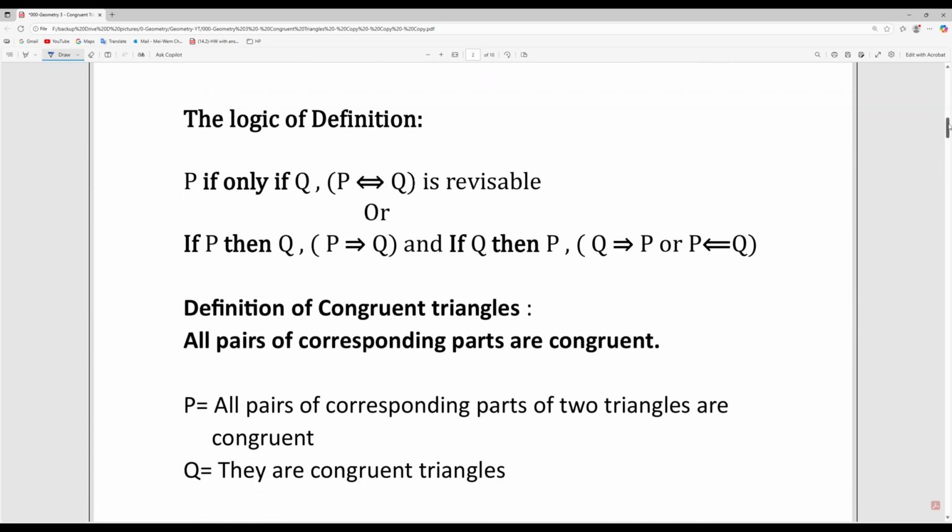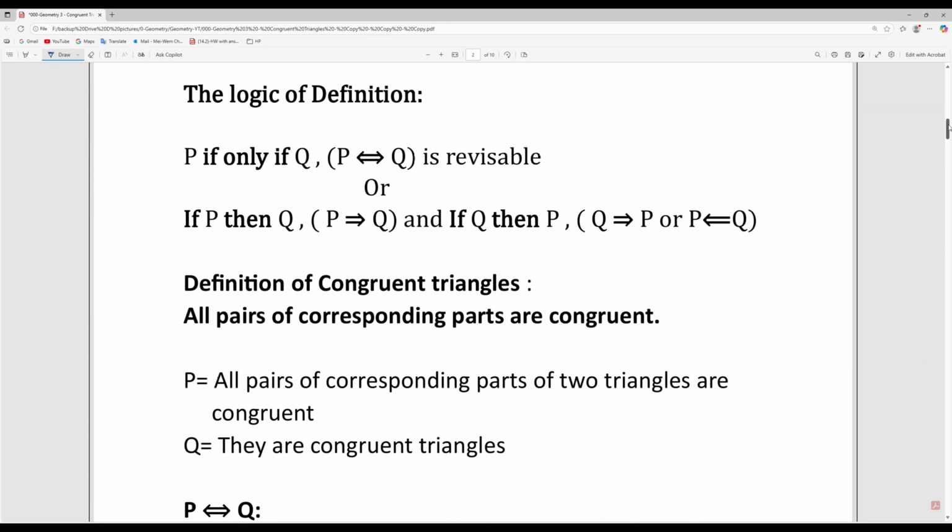Next, I would like to talk about the logic of the definition. So when we say the definition of congruent triangles, basically we say if two triangles are congruent, triangle 1 congruent to triangle 2, then CPCTC.